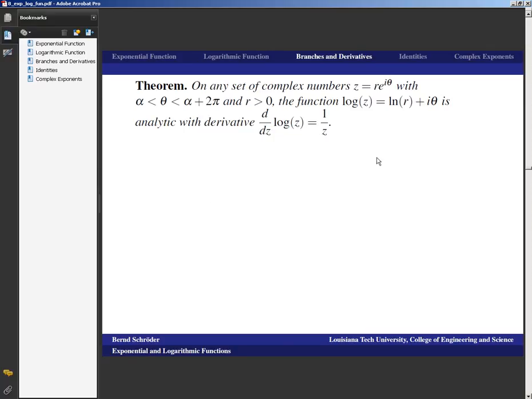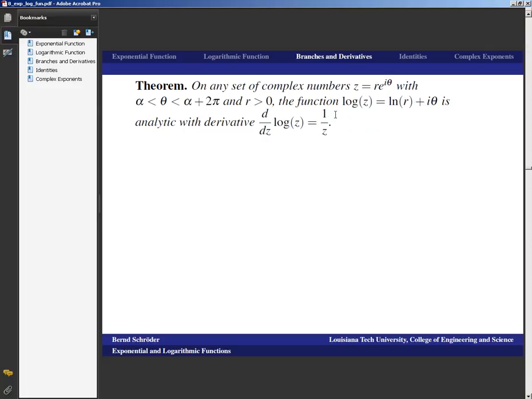For any set of complex numbers like that, the function log z equals ln r plus i theta. Note that this is not necessarily the principal branch, but because we don't want to introduce too many notations, we denote this thing also with lowercase log. That function is analytic with derivative of the logarithm being 1 over z.